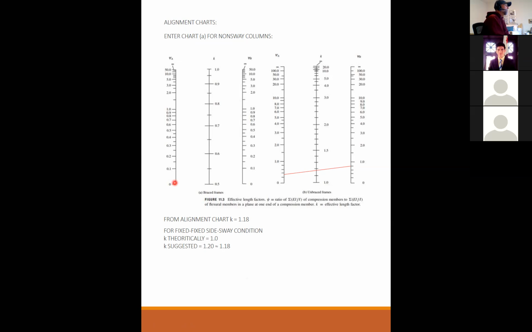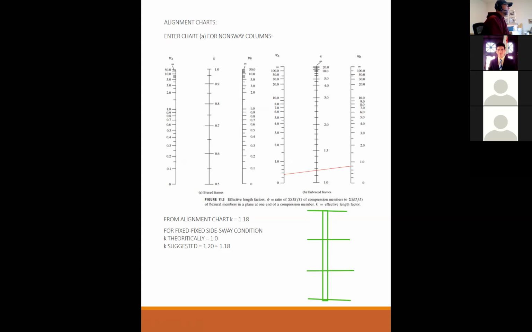When we design columns, let me draw a little sketch here. Okay, so this is a 3-story column, right?